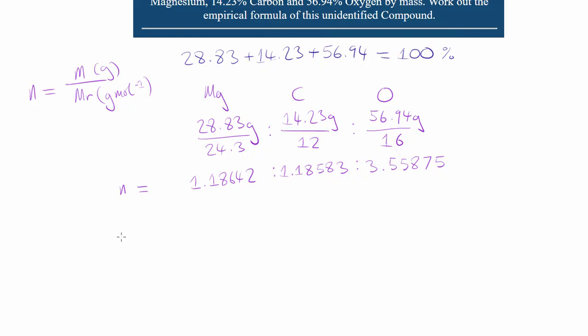Looking at it, the value for carbon is smaller than all the other ones, so we're going to divide all of the values by 1.18583.